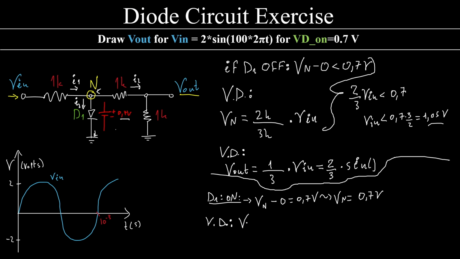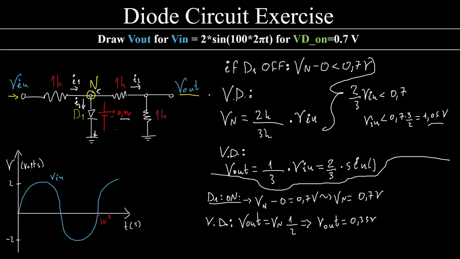So the voltage at V out is going to be Vn, the total voltage, times 1 over 1 plus 1. So 1 over 2. That means that V out is going to always be 0.35 volts. Always.